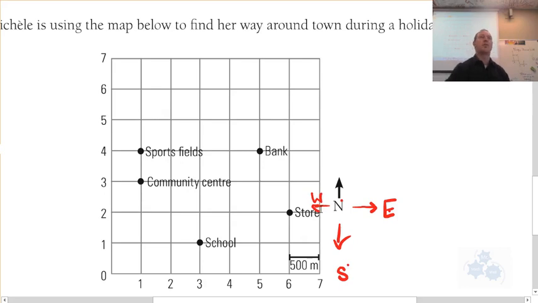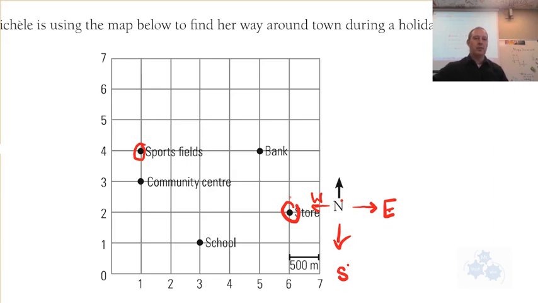There's lots of different things you could do for that, right? So from the sports field to the store, how many blocks and in which directions? What would you say? You want to go from the sports field to the store. What do you got? 4 to the right.